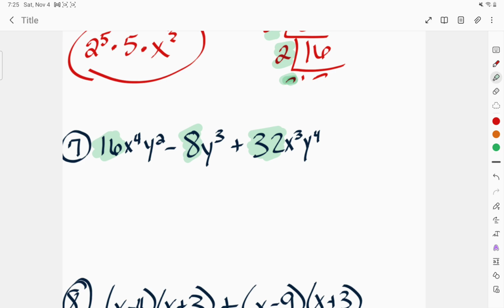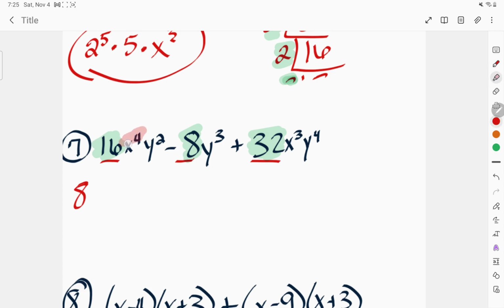Well, they're all even numbers, so obviously 2 goes into all of them. From there, you just want to bounce around to different numbers, but you should immediately notice that 8 goes into all three of them. So the first thing that I'm going to factor out of this polynomial is an 8.